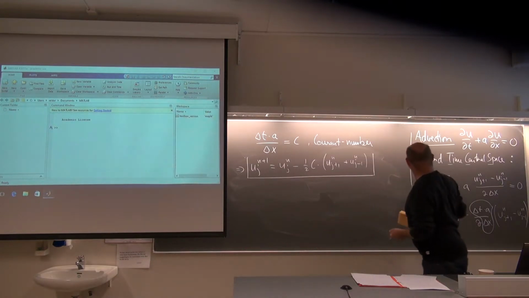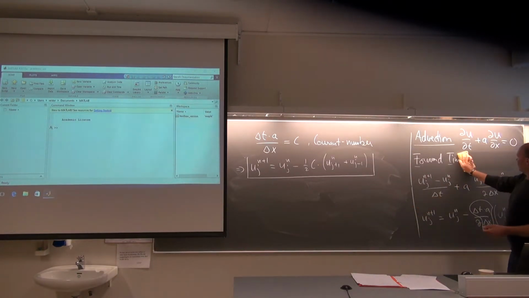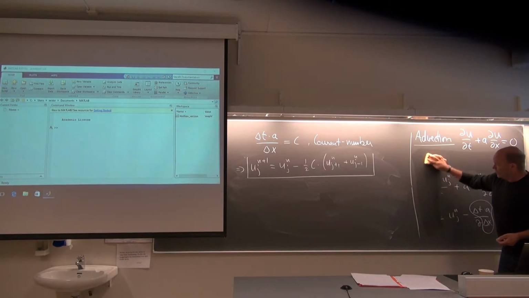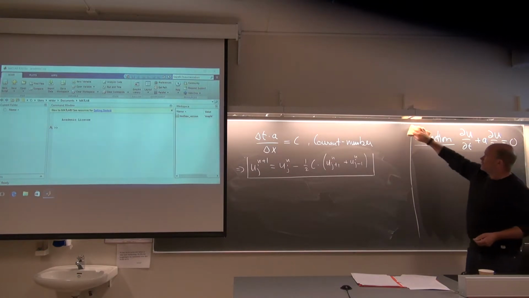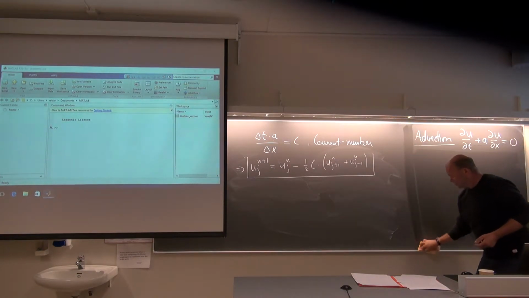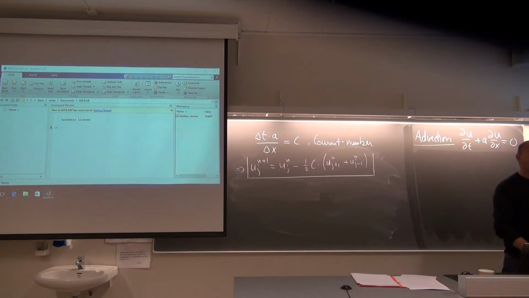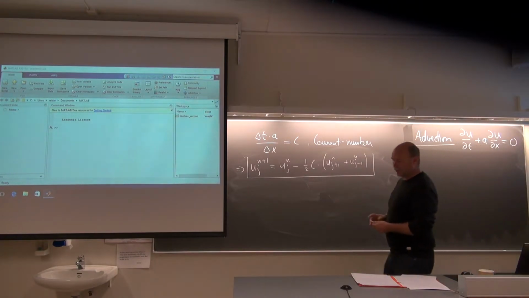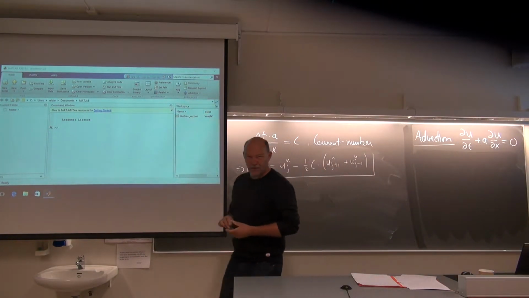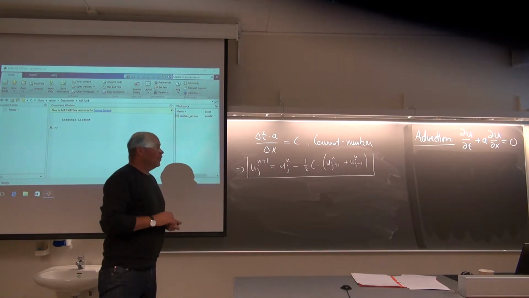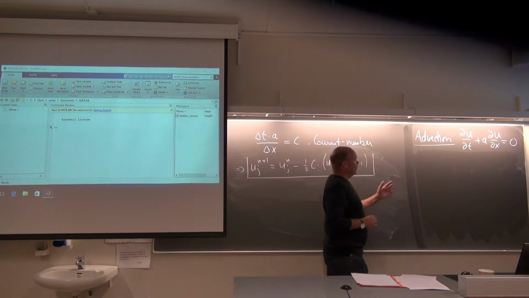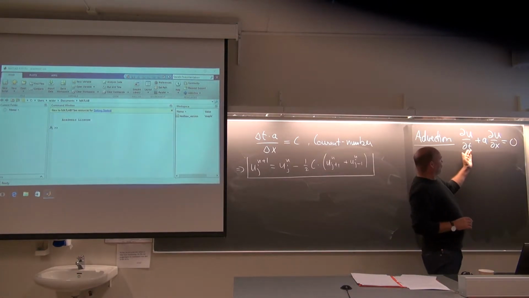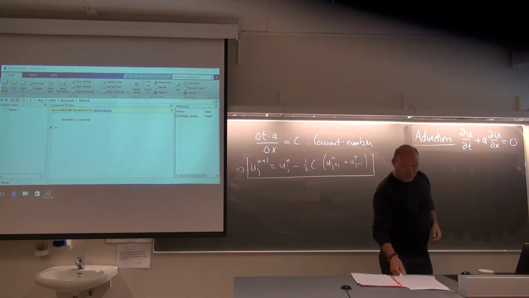Well, this advection equation is just the first order partial differential equation. So when we talked about classification, elliptic, parabolic, hyperbolic, it really doesn't fit the description. But it has hyperbolic nature actually. So it is hyperbolic.